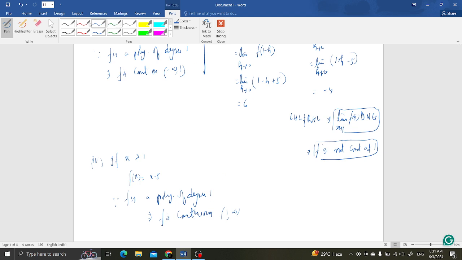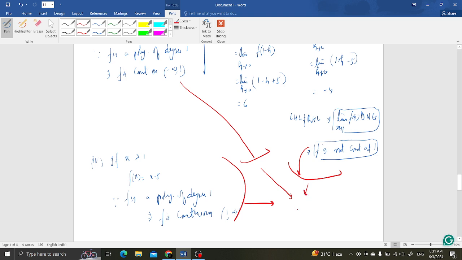If we combine all these cases, this is your third case, this is our second case, and this is our first case, then we get that f is continuous on R minus 1. I hope you understand what I need to do here. If you have any doubt, you can ask me in the comments. I will reply there, and if a query is not resolved, then I will solve it again.